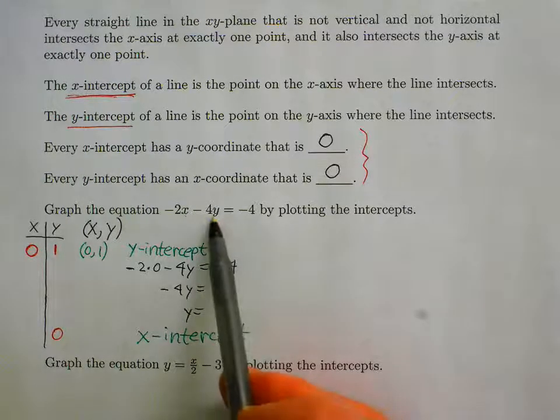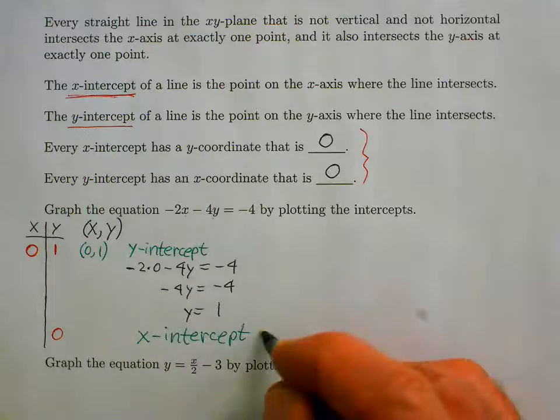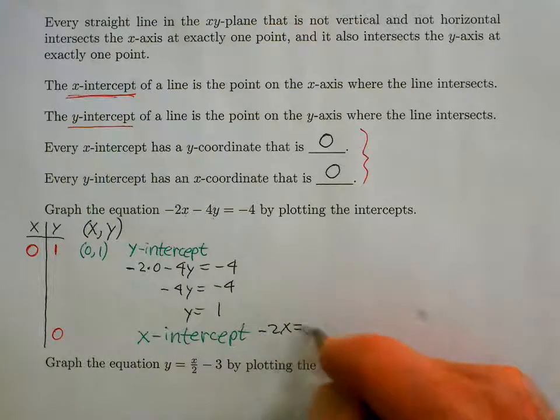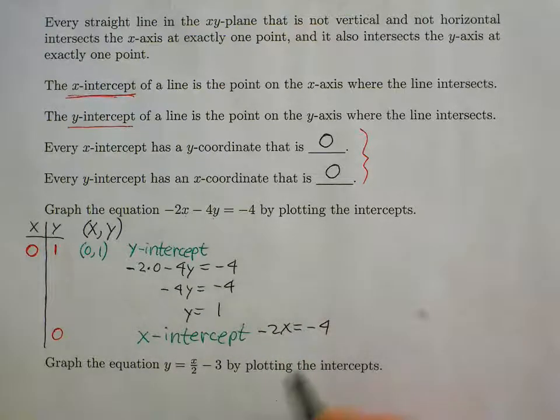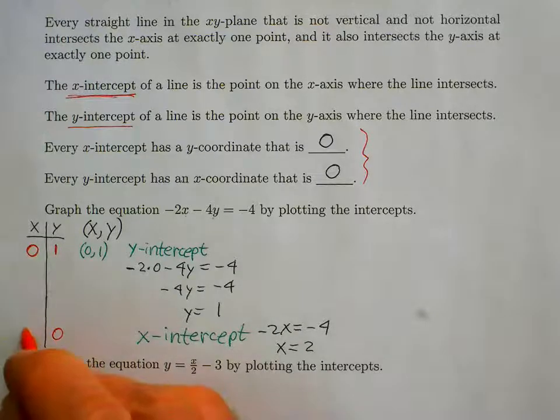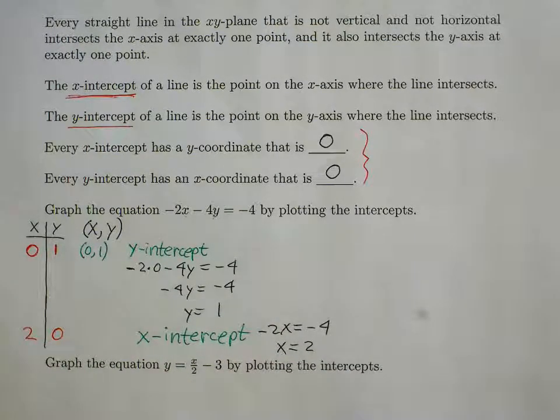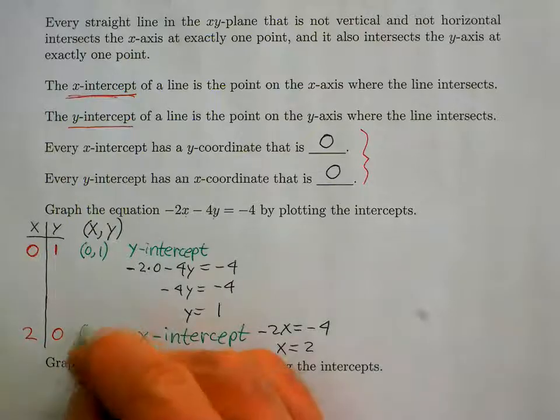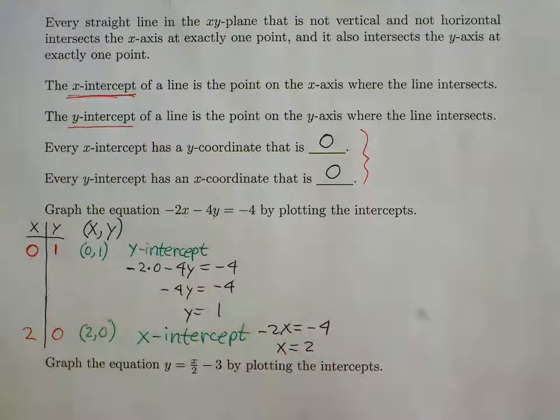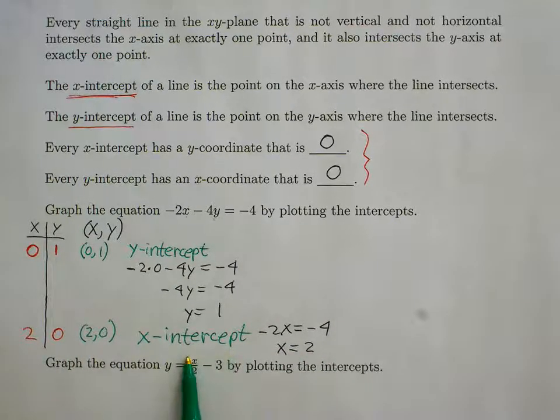So when we replace y with 0, we'll just get negative 2x equals negative 4. And then divide both sides by negative 2, we get x equals 2. Okay, so when y is 0, the x coordinate is 2. The ordered pair 2, 0 is the x-intercept.